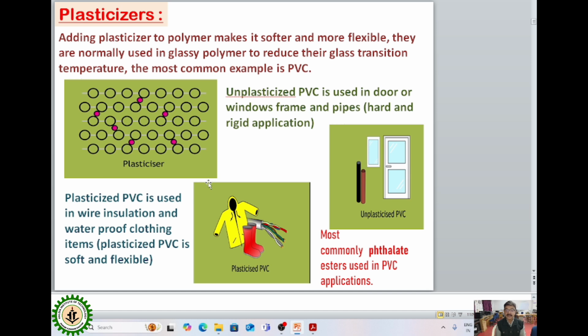Plasticized PVC is soft and flexible, but unplasticized PVC is generally used for making doors and window frames, meaning it is sufficiently hard without plasticizers. Generally the phthalate esters are popularly used in PVC as plasticizers.